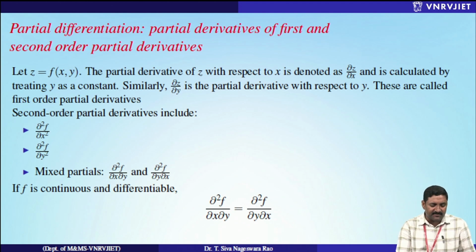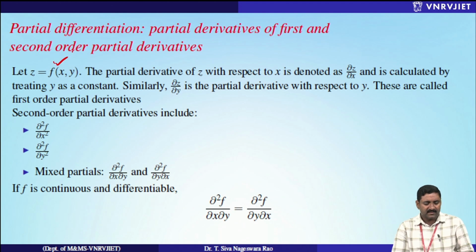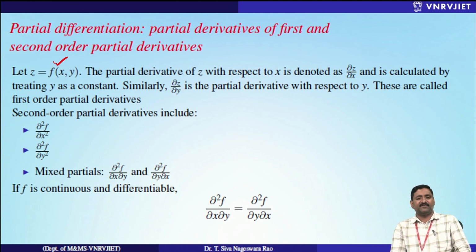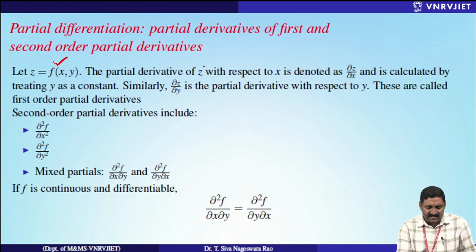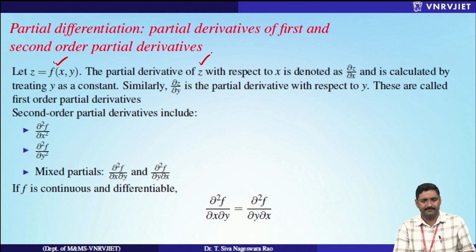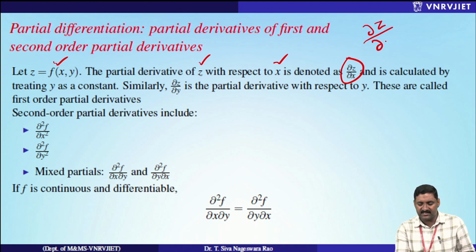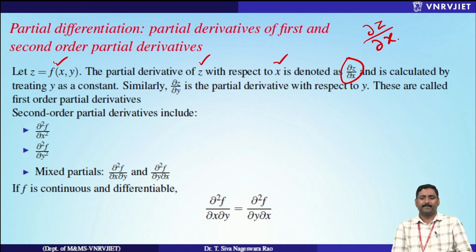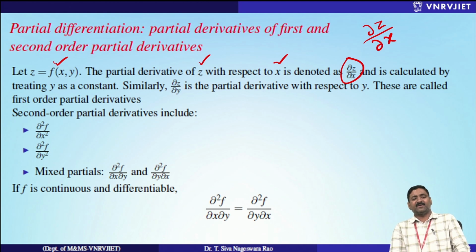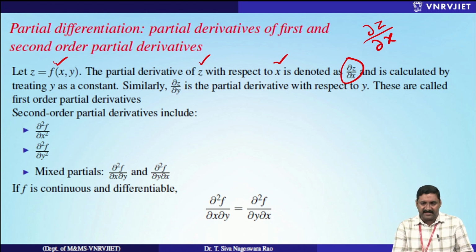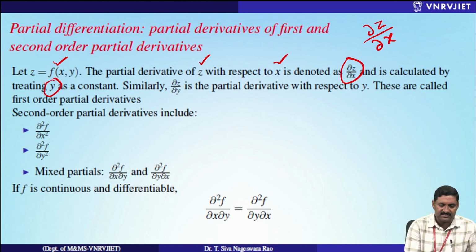Let z is equal to f of x comma y be any function involving two independent variables x comma y. The partial derivative of z with respect to x, denoted by dou z by dou x, is calculated by treating y as constant.